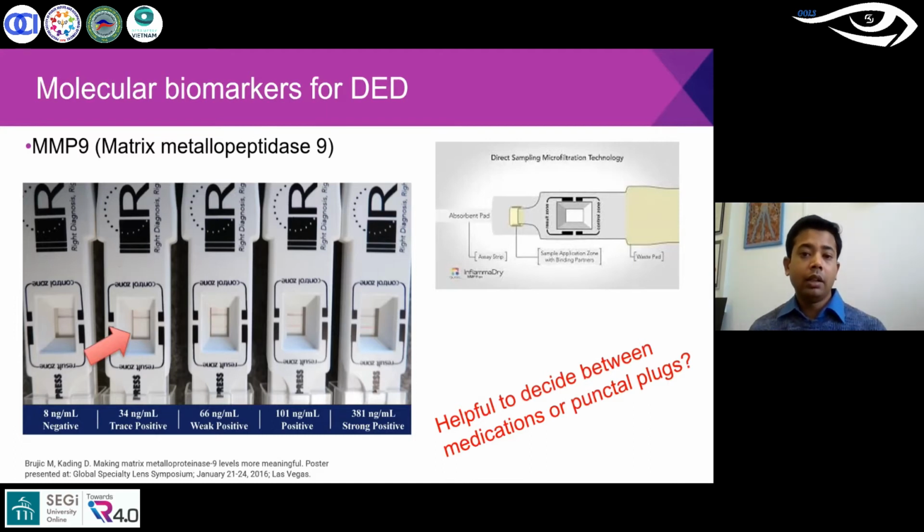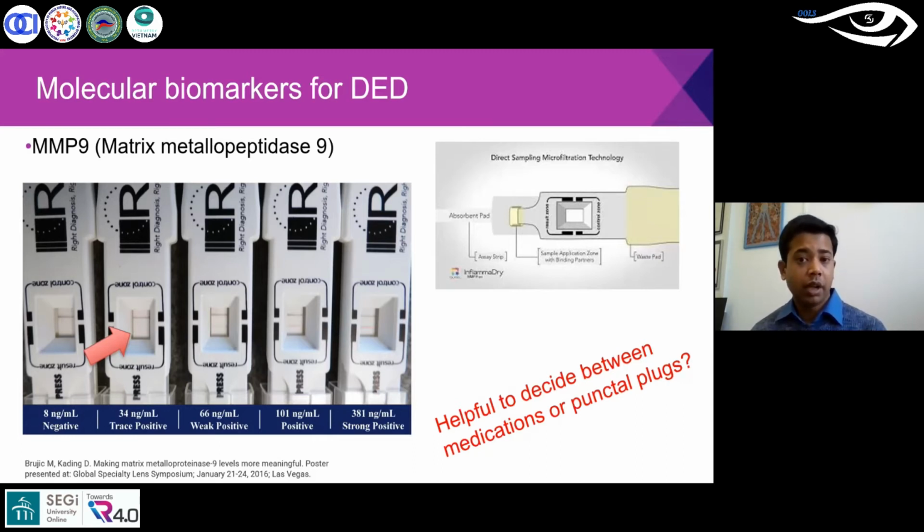The helpful part here is deciding between medications and punctum plugs. Now, if someone has a lot of tear, is not very symptomatic, but is MMP9 positive, I will not go for punctum plugs, because there's a lot of tear there, which means it's not aqueous deficient. It's perhaps the evaporative type.